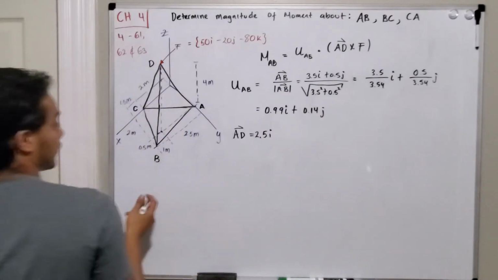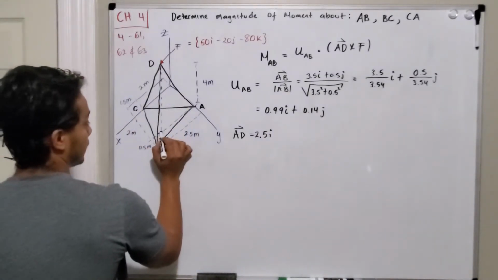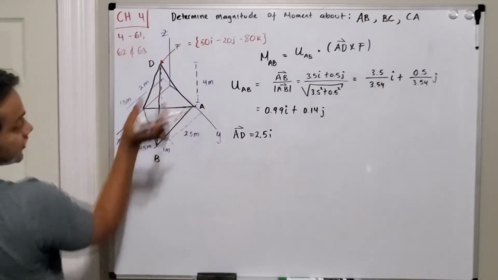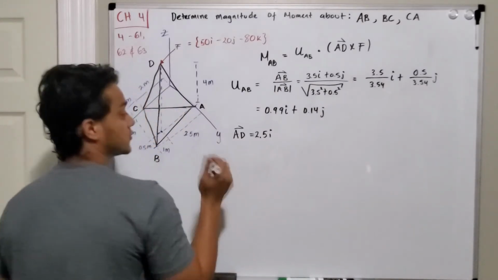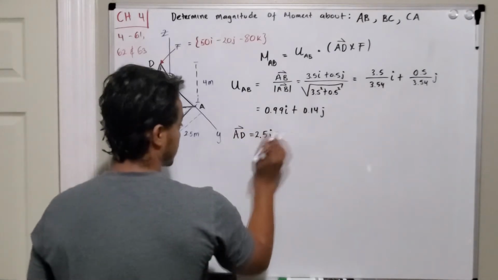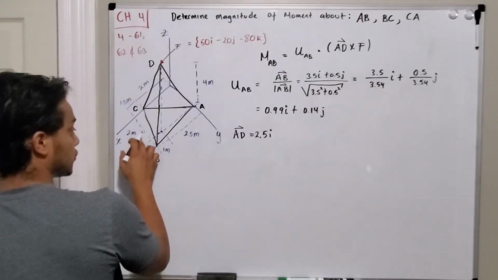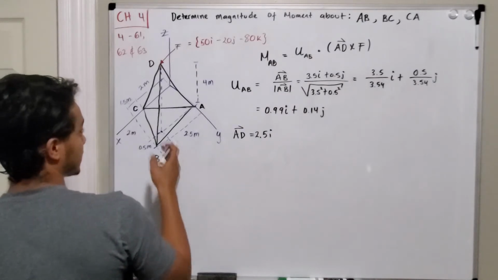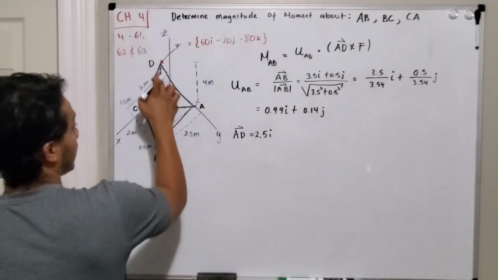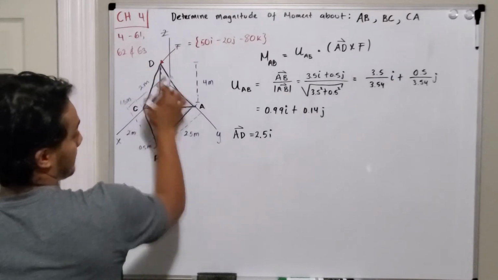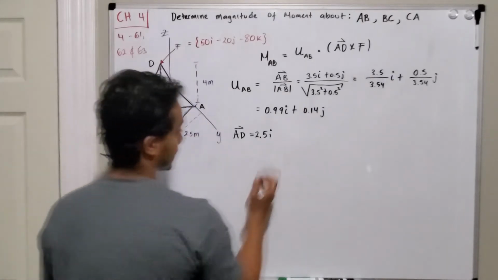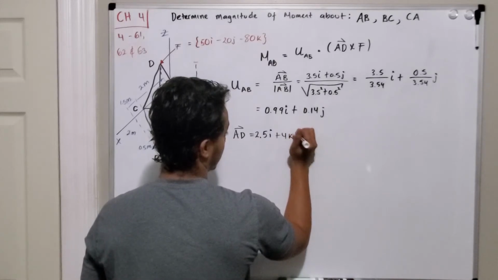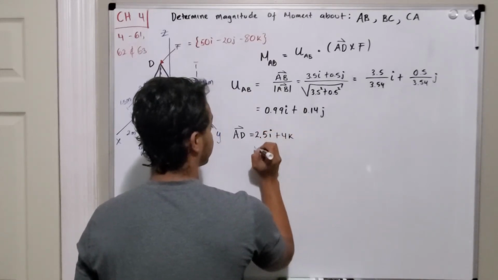Then in the y direction, both of these points are at 2 meters, so 2 minus 2 equals 0 in the J direction. And last, in the Z direction, D is 4 meters minus the 0 that A has, so we got positive 4 in the K direction, okay?